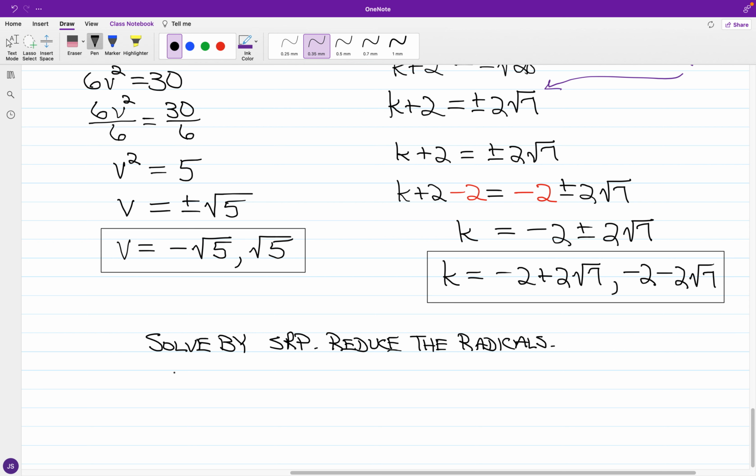Let's see what we get for the first case here. Let's say we have the square of x minus 3, minus 40, is equal to 80.